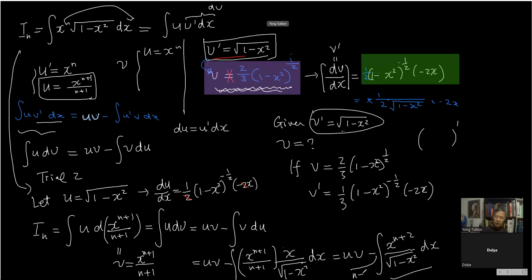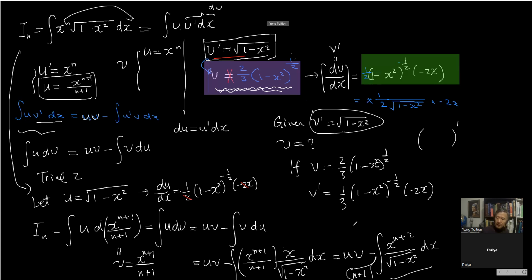But this is just another trial. It may or may not work, all right? Because if you go this way, we got this form. I think for this question you need to find the loop in order to solve this one. But then again, can we just do substitution first?